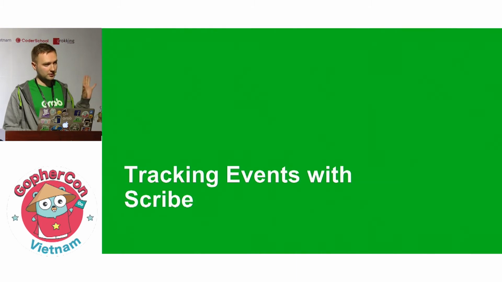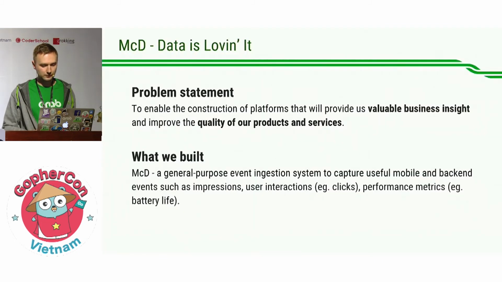Now let's talk about the data ingestion part. After building an experimentation platform, and initially we did it in Go, we said, well, it really works. Now we want to have it on our mobile apps as well. And we really need to think about and scale our data ingestion part.